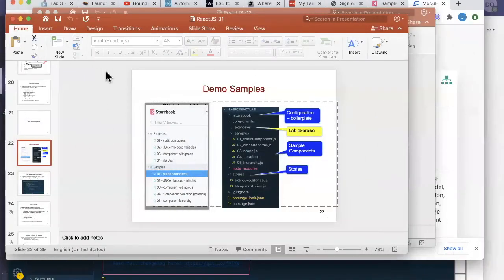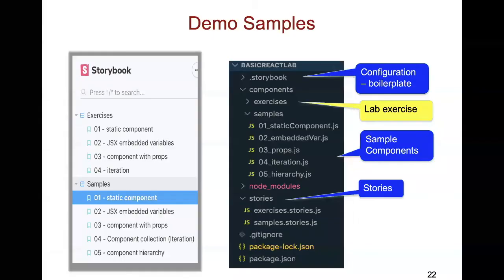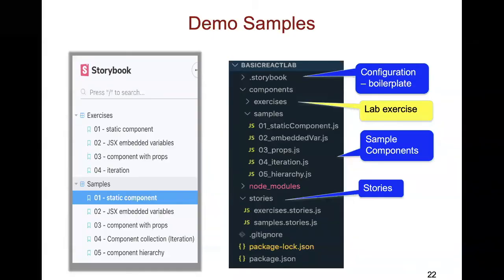So what we know so far about React is that we develop components, and a component is just a function in one sense. That's all it is. But it returns JSX, and the JSX is our way of describing the UI of that component.